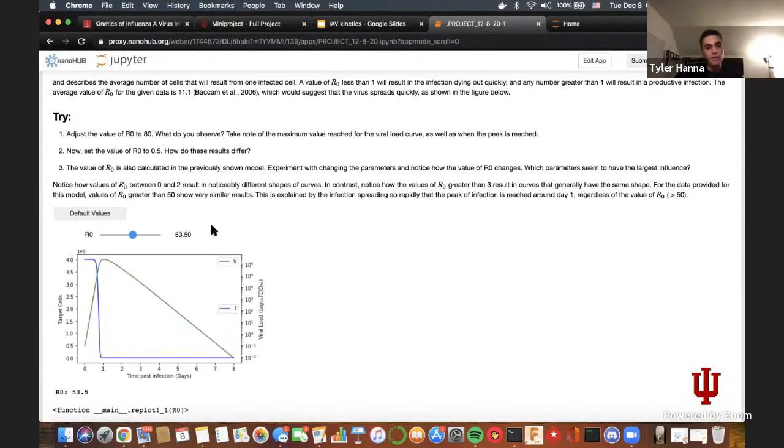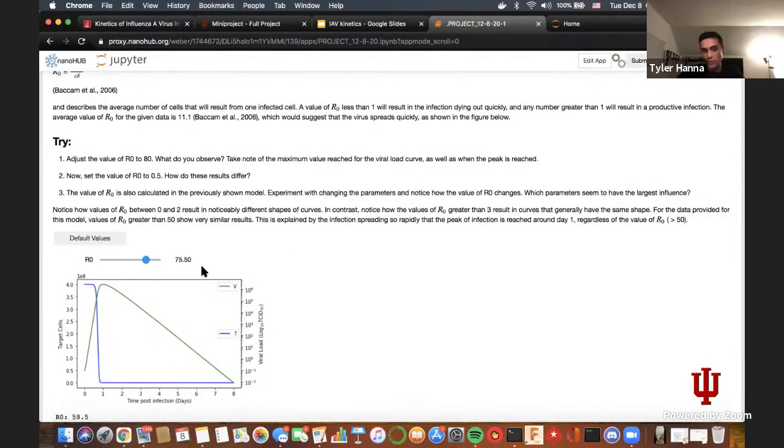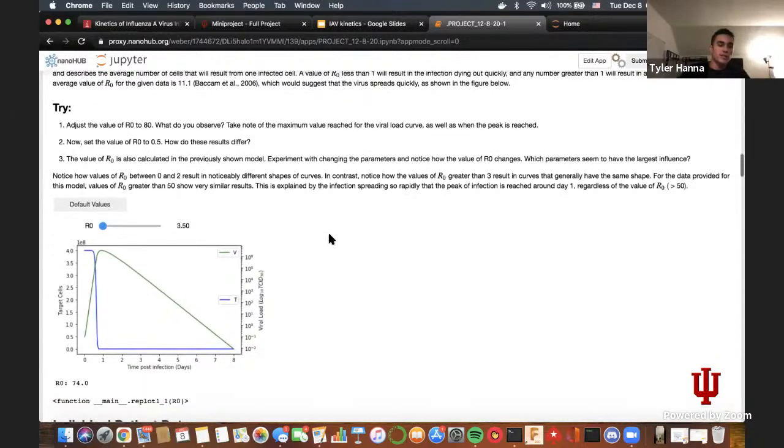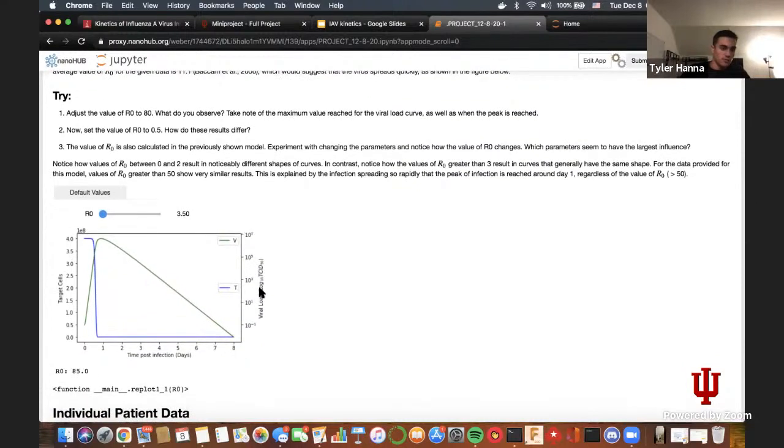Based on the data we have here, I've found that any value of R naught past 50 is going to show relatively similar results, as the infection is already spreading so fast, it doesn't really make a massive difference what the value is. However, when R naught is around 2 or 3, we will see a dramatic change in the graph if it loads.